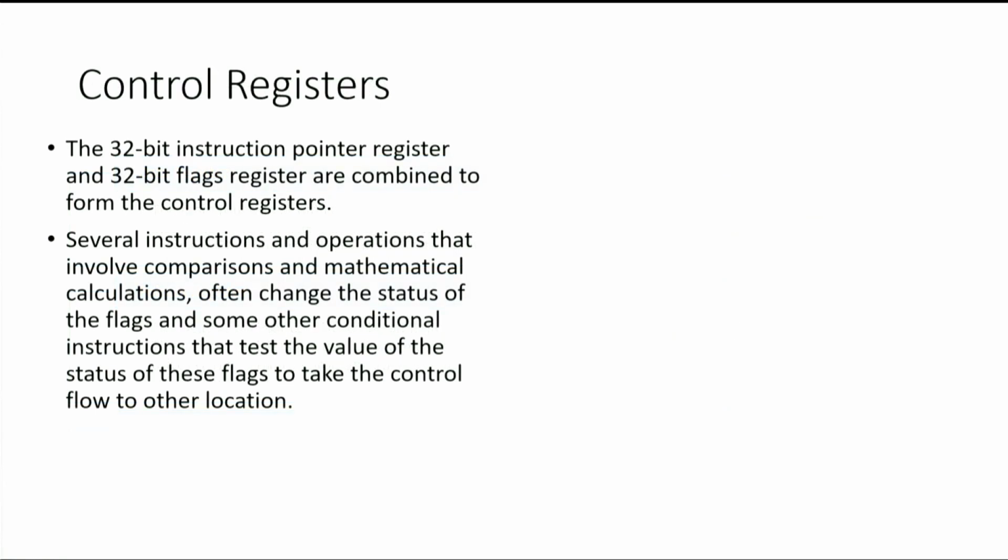The control registers. The 32-bit instruction pointer register and 32-bit flags registers are combined to form the control registers. Several instructions and operations that involve comparison and mathematical calculations often change the status of the flags, and some other conditional instructions that test the value of the status of the flag to take the control flow to other location.